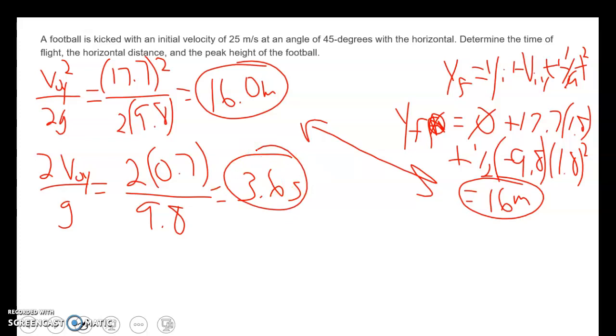And then our last one, the range equation. I'll put the numbers in: v0 squared times the sine of 2 theta, all over g.